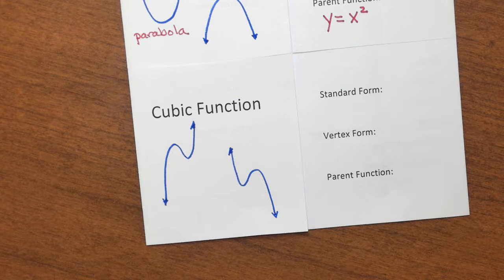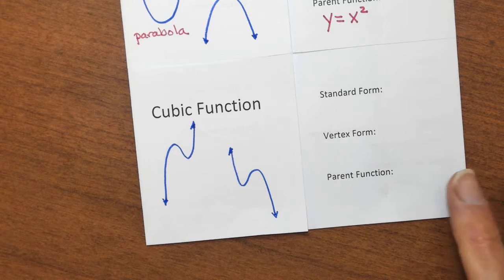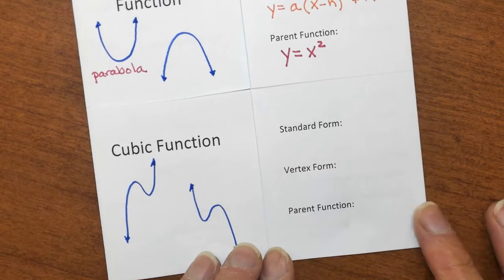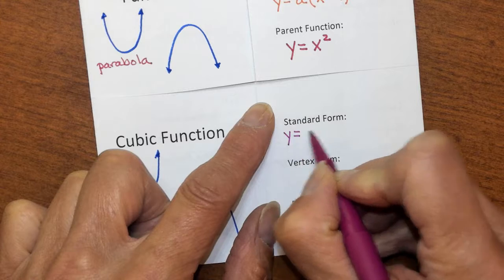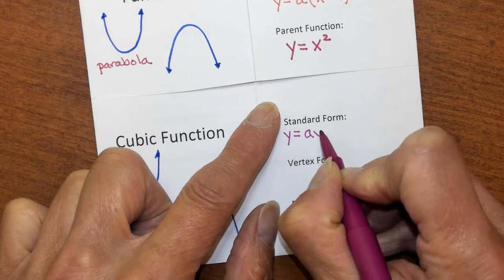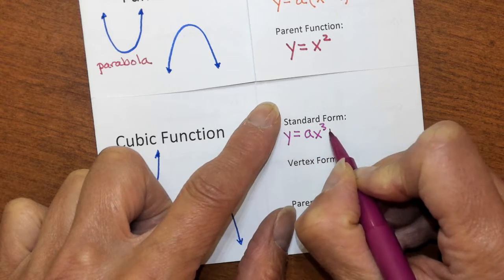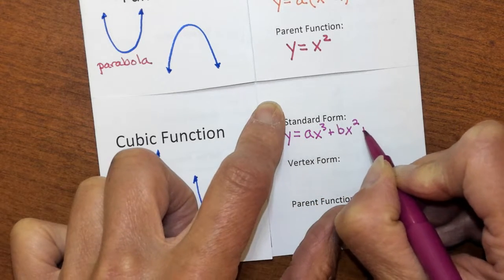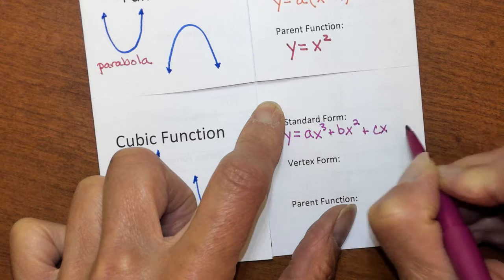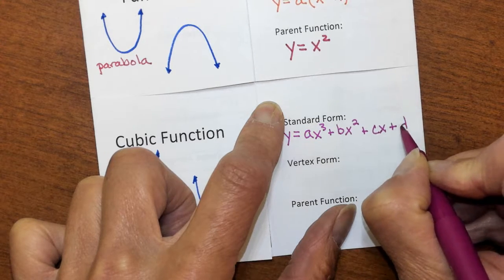So let's talk about standard form. So standard form, again, we're going to start with y equals, this time it's ax cubed plus bx squared plus cx plus d.